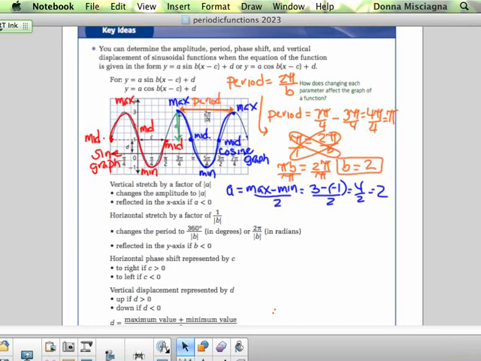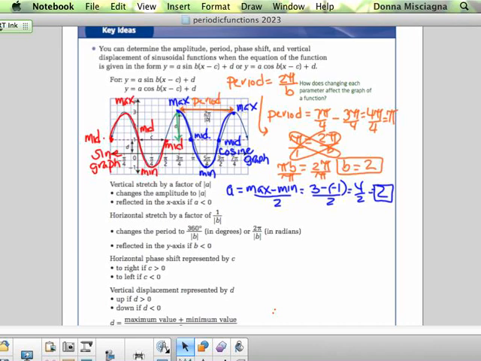We have A calculated out. That was also 2. Now we're going to skip the phase shift because that one will be different depending if it's sine or cosine and depending on which period of the graph we choose. But the vertical displacement or vertical shift won't change.